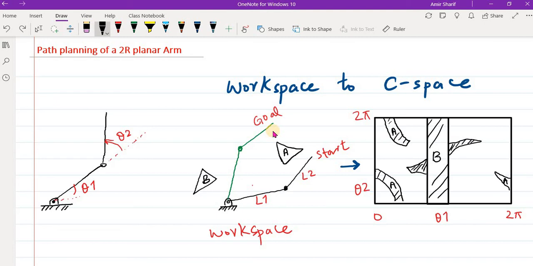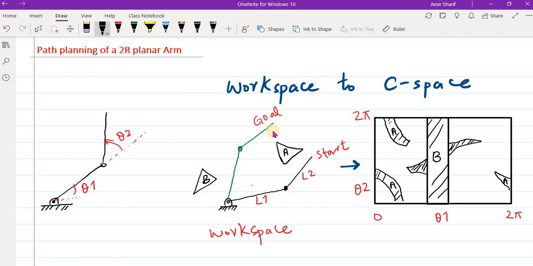So I have made an obstacle here, and this obstacle will look something like this in the C-space. This is because even if your link 1 has angle 0 and your link 2 has an angle like 90 degrees, it will still collide with this obstacle. So imagine link 1 at 0 degrees and link 2 at 90 degrees, so there is a chance of collision here.